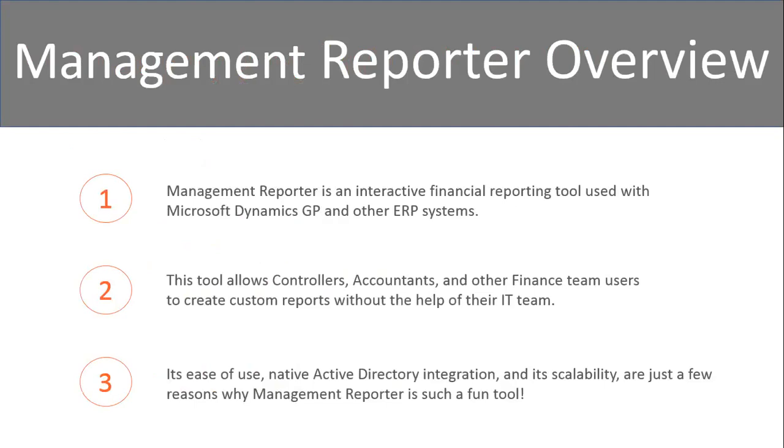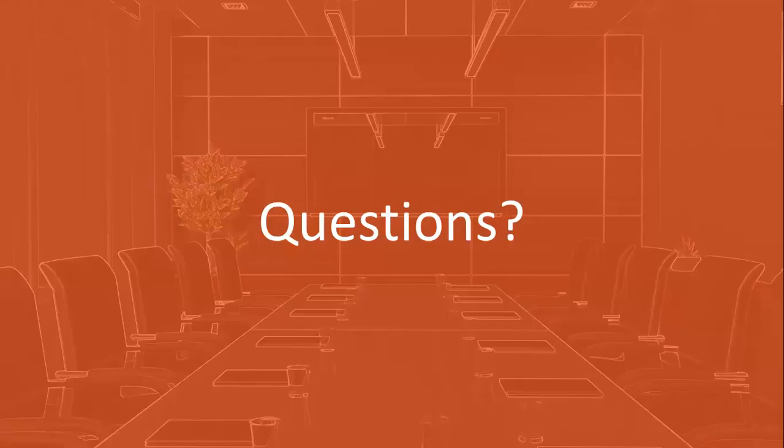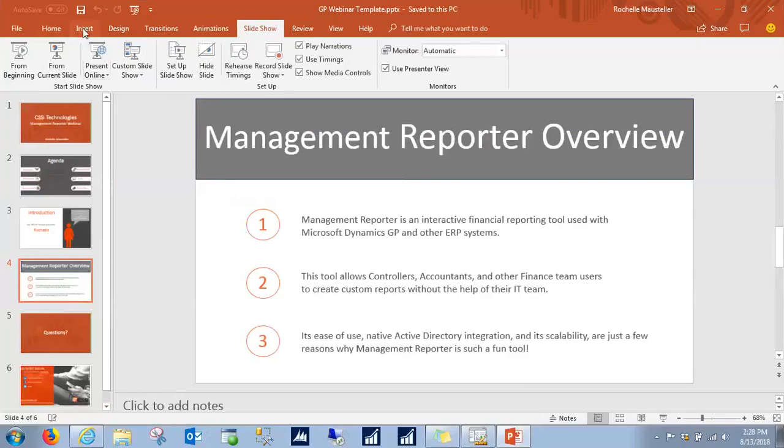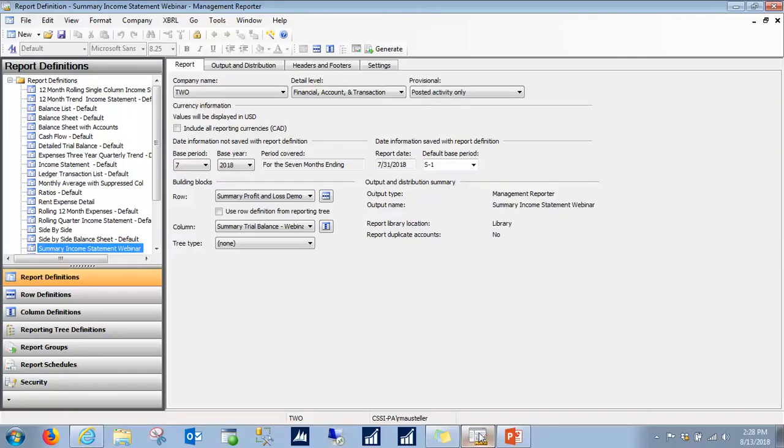So now we're actually going to see Management Reporter. This is basically the home screen of Management Reporter. Reports are comprised of 4 parts. There is a report definition, which is basically the container, and it holds all about your reports.